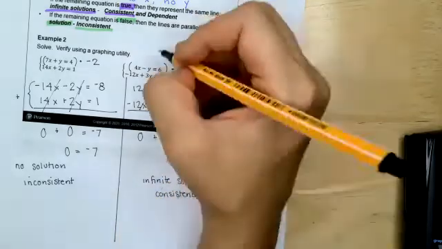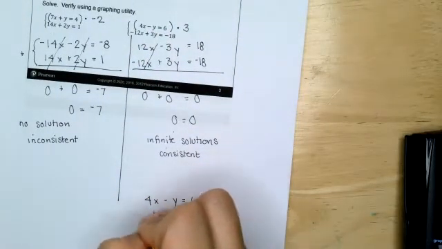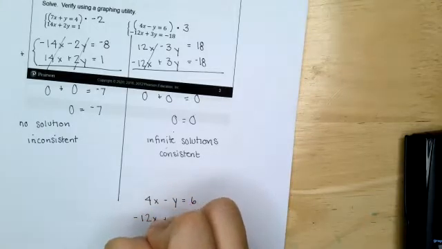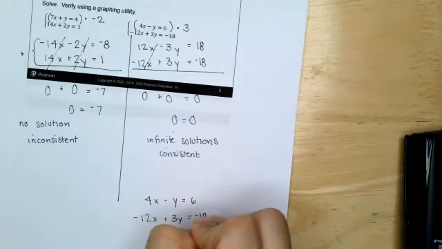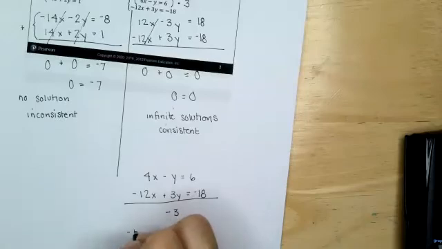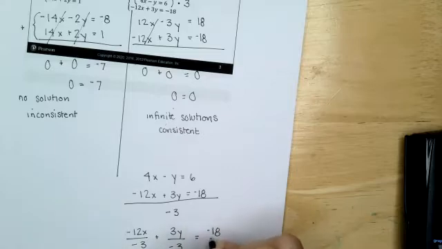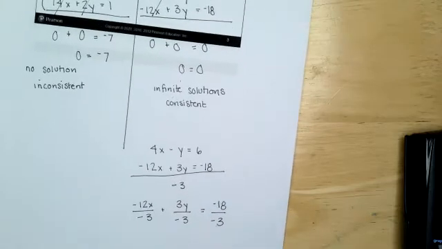And we can tell because I have 4x minus y equals 6. If I take negative 12x plus 3y equals negative 18, and I divide this all by one number, by a negative 3, negative 12x by negative 3, 3y by negative 3, negative 18 by negative 3, what I get is 4x minus y equals 6.